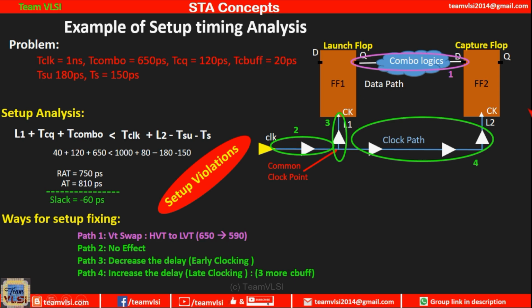And similarly, there will be an effect on the previous path if we play with this timing, right?